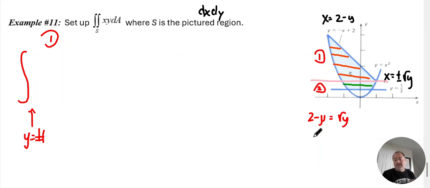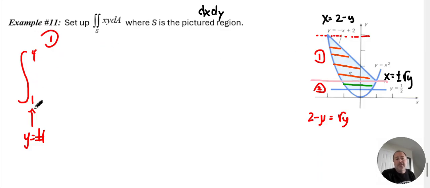And again, to save a little bit of time here, you will get that y is equal to 1, right? 2 minus 1 is the same thing as the square root of y. Or you could set negative x plus 2 equal to x squared, factor it out, get that x is equal to 1, and then also found that y is also equal to 1. So that means our lower bound is actually going to be 1 for this region, and our upper bound is going to be right here, which is going to be at y equals 4.